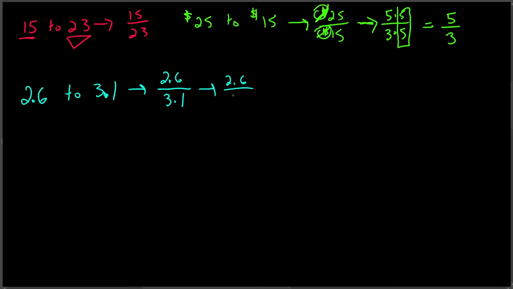And so what I want to do is multiply by 10. And so that gives me 26 over 31. And this is a better way of talking about our ratios, is to remove the decimals and talk about it as a pure fraction.